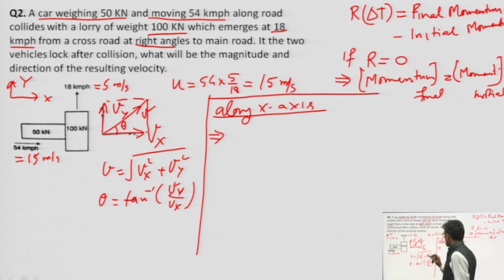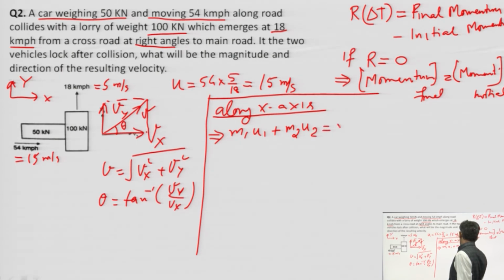I am writing m1 u1 plus m2 u2 is equal to, since it is merging, m1 plus m2 into v. That will be the equation for momentum according to the conservation principle that I explained to you.